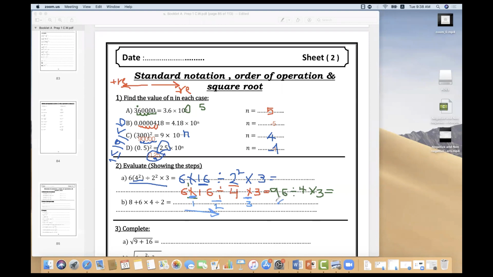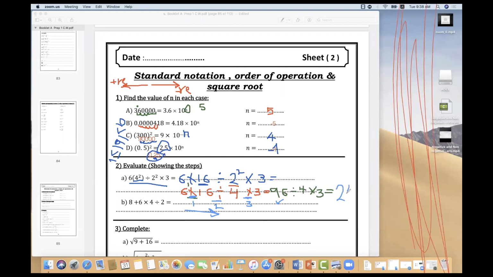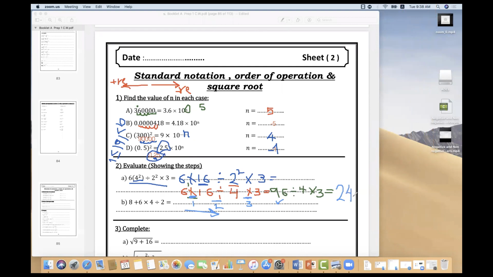After that, the division. 96 divided by 4 equals 24. 24 times 3 equals 72. Excellent.